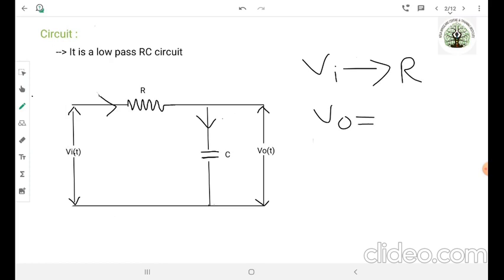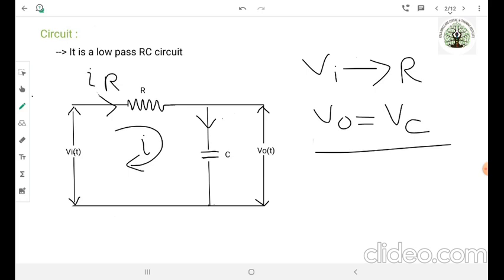So we can write the output voltage as equal to the voltage drop across this capacitor, let it be Vc. What about the current through the circuit? That is I. What is the current through this resistor? Let it be IR. The same current flows through this capacitor. Let it be IC.